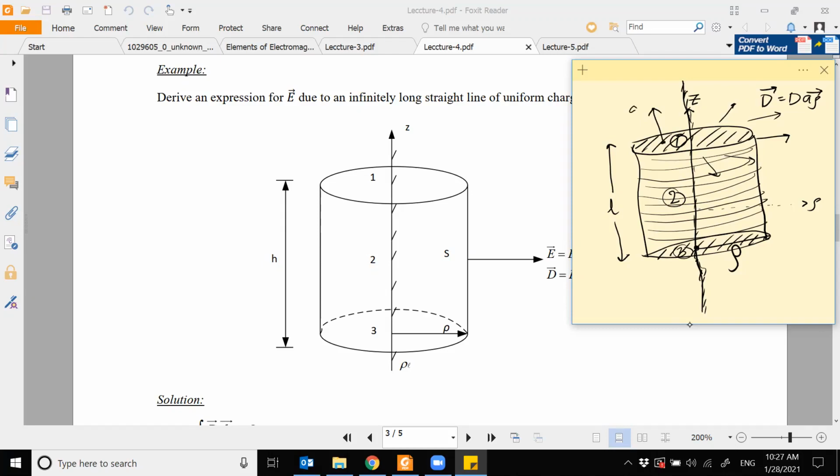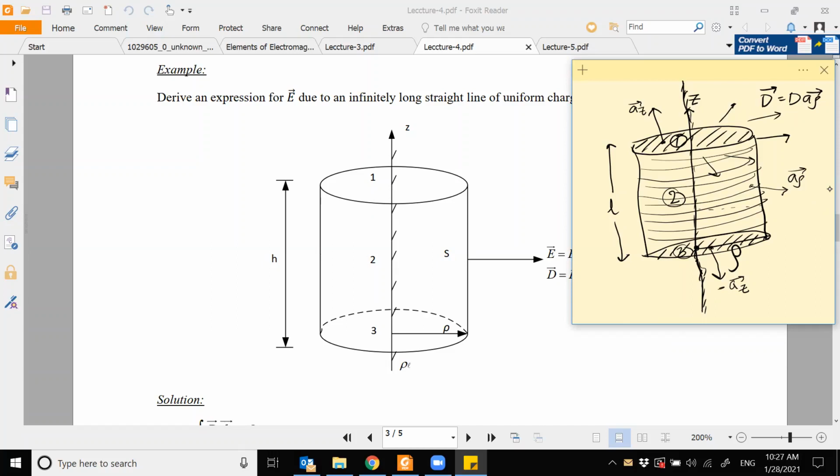Which will be a z. Now for surface number 3, what will be the unit normal? Downward, minus a z. And for surface number 2, the unit normal will be a rho for this side area.